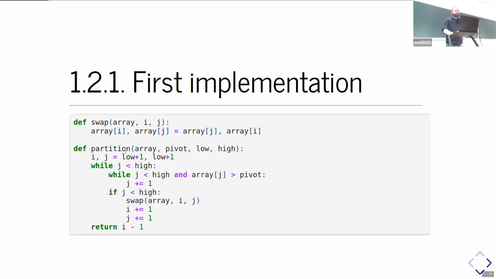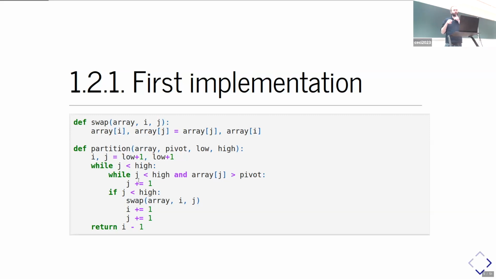So I do it in the following way. I have two values, i and j. I initialize them at low + 1, and I move j so that it reaches the end, and I move i so that it ends up being the position of the pivot.